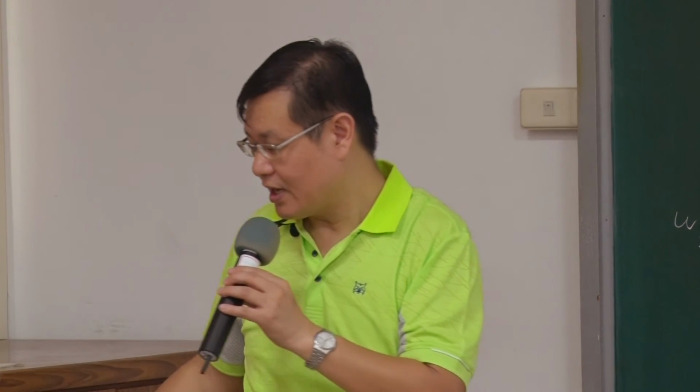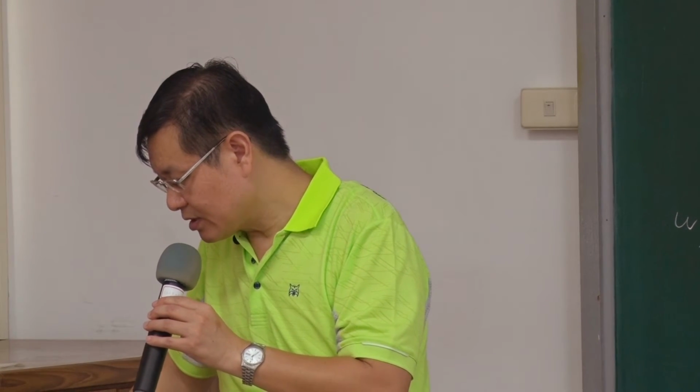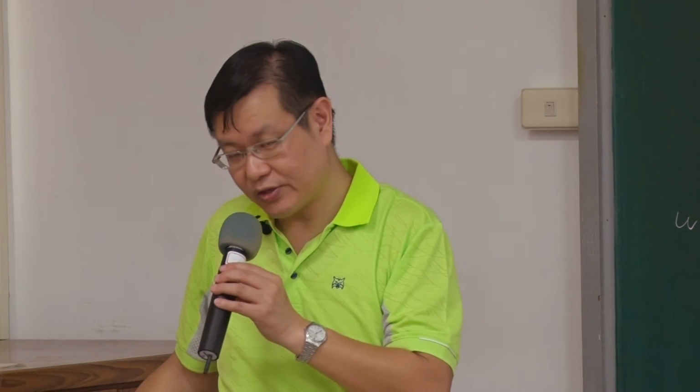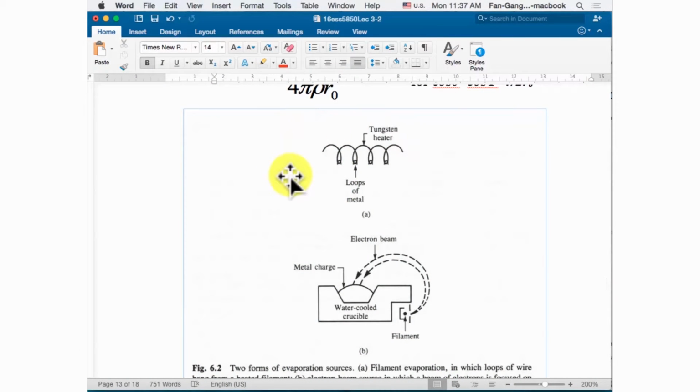You wait a certain time, so you accumulate material and it becomes thicker and thicker. Then you stop the evaporation process, take out the substrate, and you get a certain thickness of the material you want. So that's called evaporation.